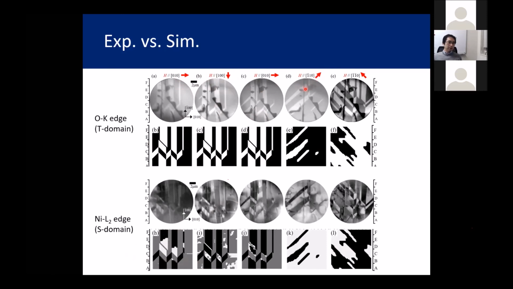However, when we apply the field in the 110 direction, we have an almost similar pattern to the experimentally obtained one. And in the other direction, these domains are similar to this experimental pattern. We also show this S domain pattern here, which is quite similar to the experimental observation.